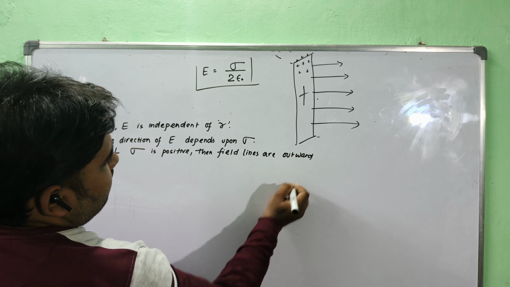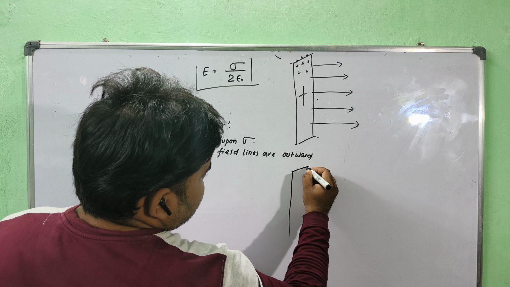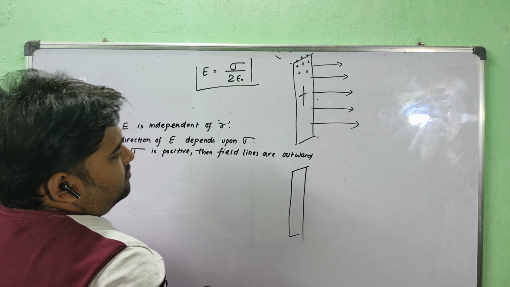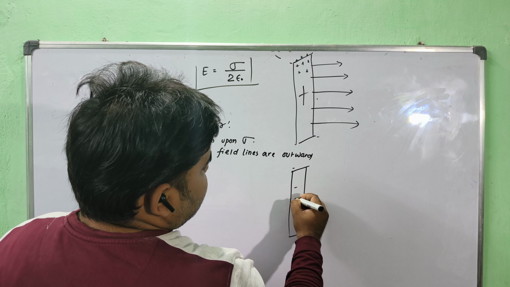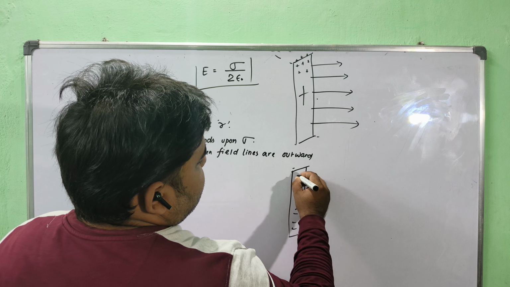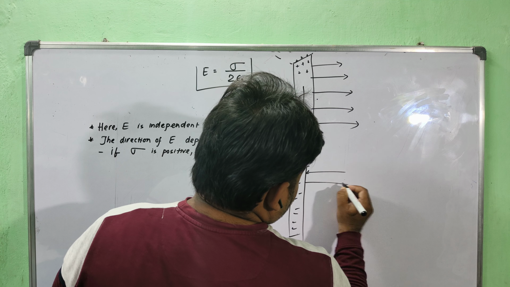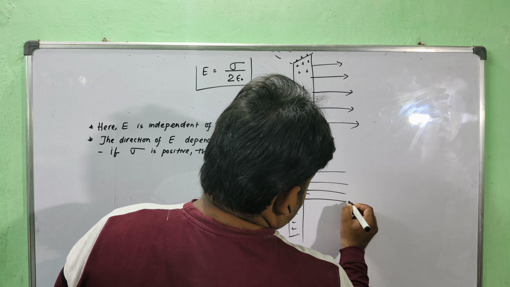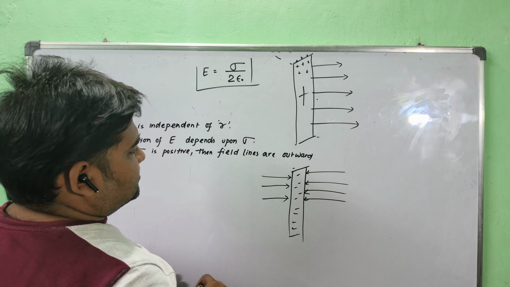Now, in another case, this is an infinitely large plane sheet which is uniformly charged, but negatively charged. So the electric field should be coming like this. We can draw such things.